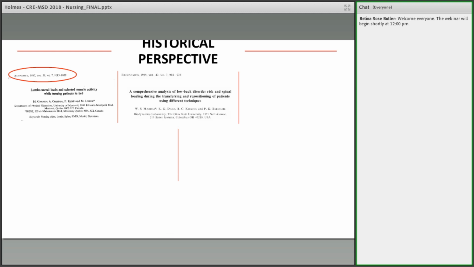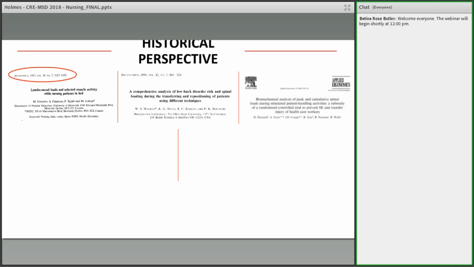And as we move along, more and more people started to investigate this. Bill Marras and his group in Ohio have spent a lot of time working on this. They've done comprehensive analysis of low back injury risk for all sorts of different patient transfers with different techniques.